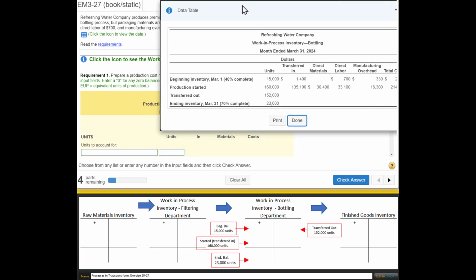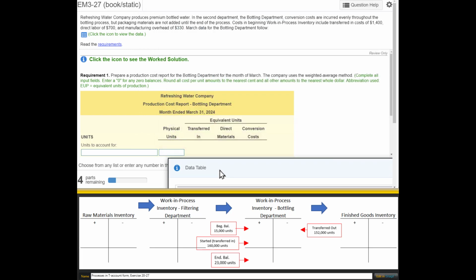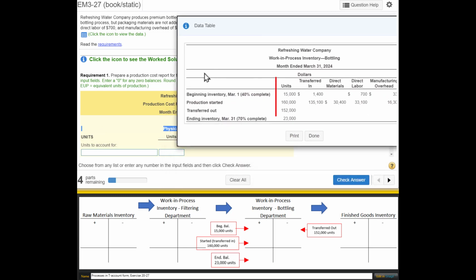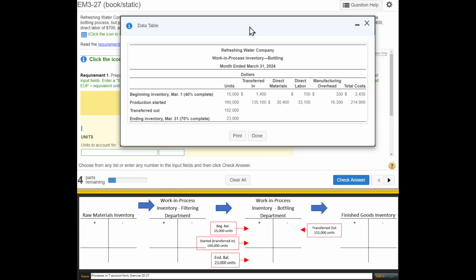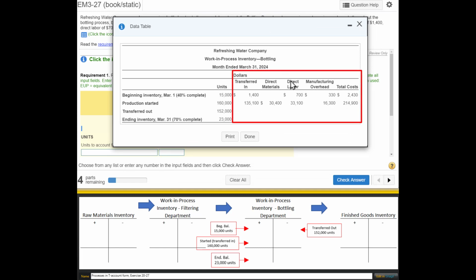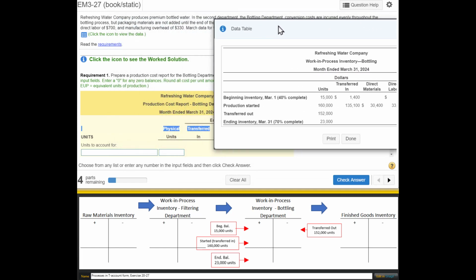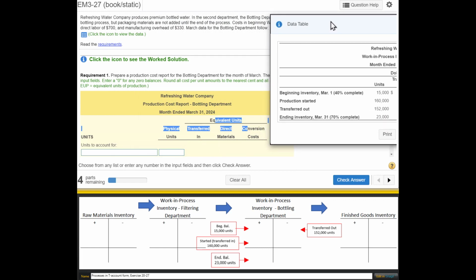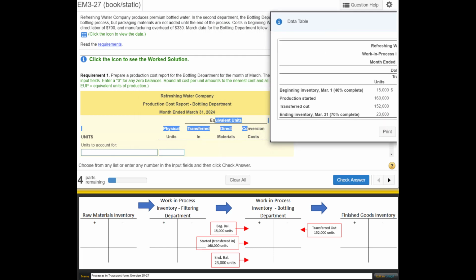So as always, for the production cost report, we're going to start with a units section. So all we'll be talking about is units, which is this part. The information here about costs, we don't need for this section, so we can hide those over here. So our beginning inventory is 15,000 units, and I've placed that here in our T account to help you understand what's going on.